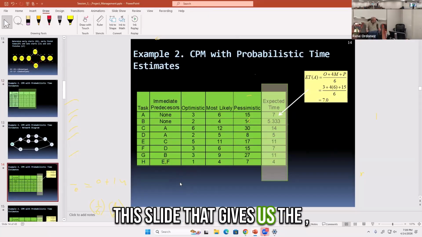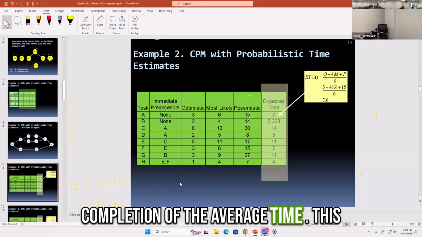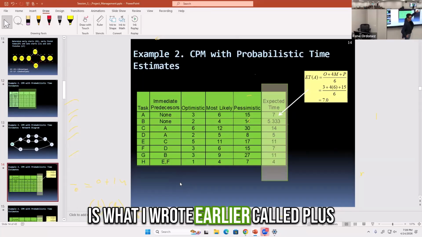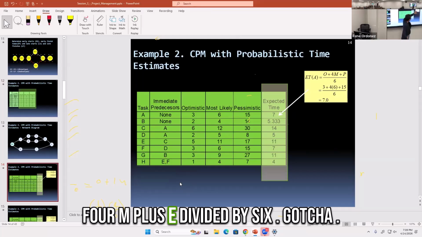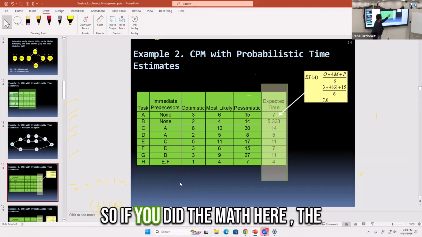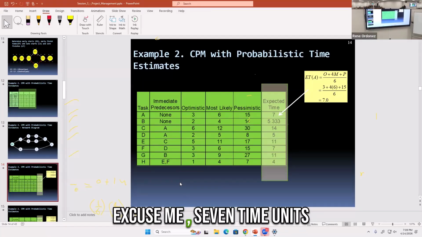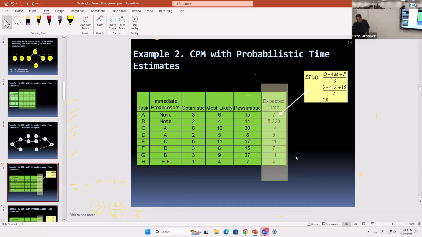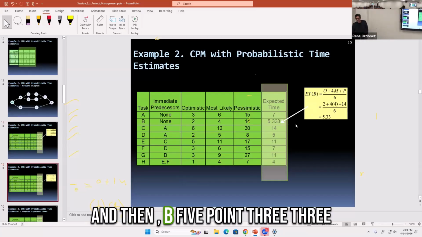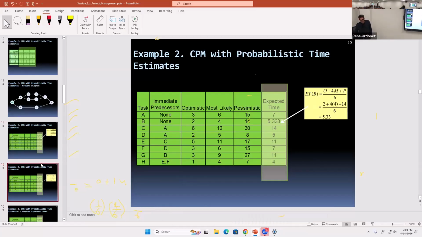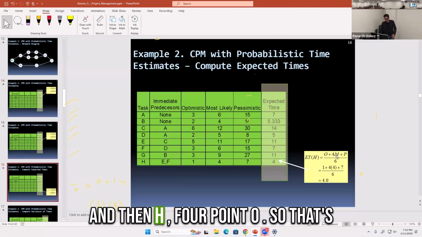Okay, so this slide gives us the average completion time. This is what I wrote earlier: O plus 4M plus P divided by 6. So if you do the math here, the average completion time of A is 7 time units, B is 5.33, and H is 4.0.